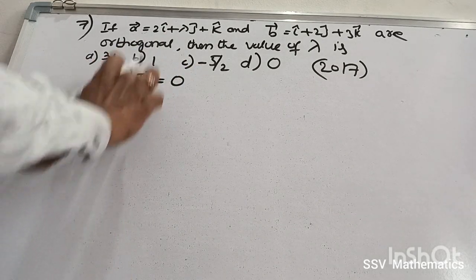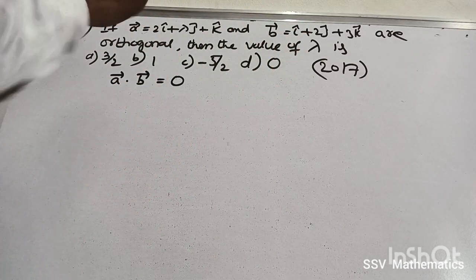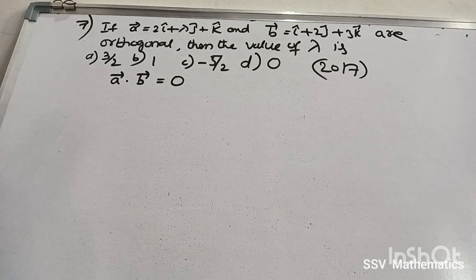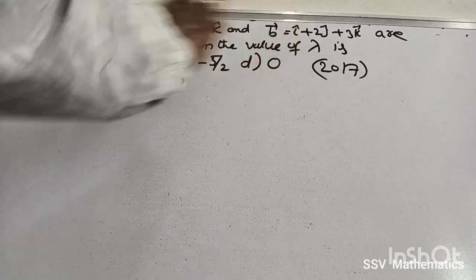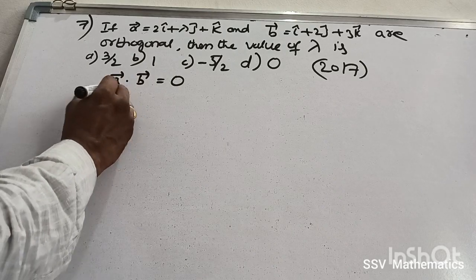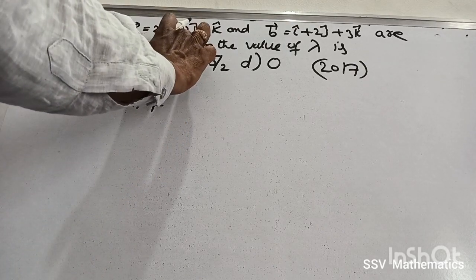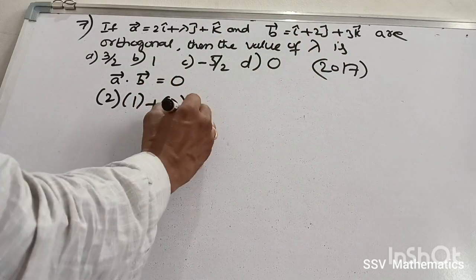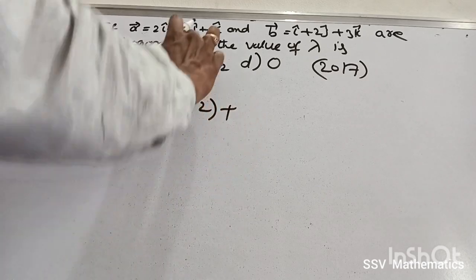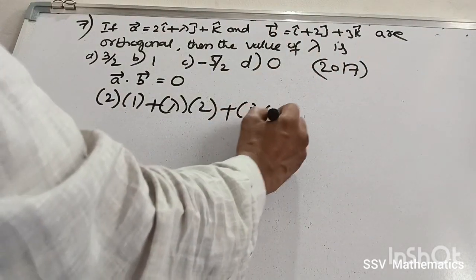A dot B, find the dot product of these two vectors, means multiply the coefficients of i, j, k of the vectors A and B. Here coefficient of i is 2, here 1, 2 into 1, plus next coefficient of j is lambda, here 2, so lambda into 2, plus coefficient of k is 1, here 3, so 1 into 3.